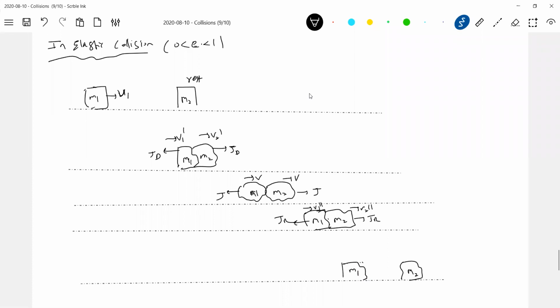Look at the initial shape of the object and the final shape. So this is the V1. So what is the net impulse acting on the system?